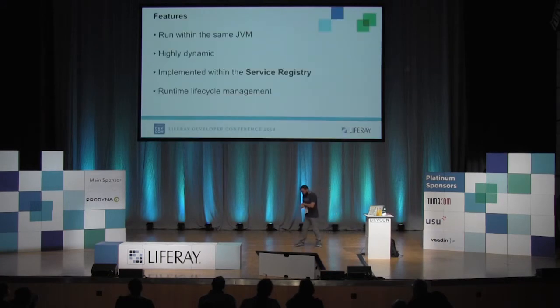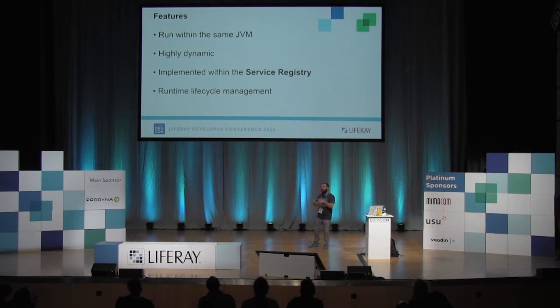So, what are OSGi services? They are just Java classes, regular components, which are running in the same JVM, and they are highly dynamic. So at any point in time, an OSGi service can appear or disappear, even if you are running within the same JVM. When you get an OSGi container, you get this for free. The service registry is implemented in the core of OSGi.